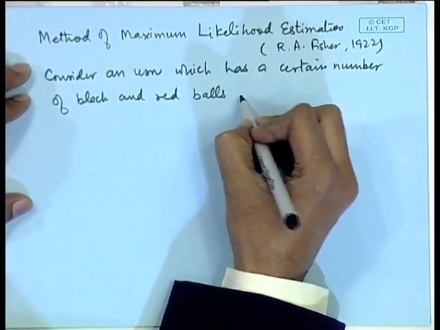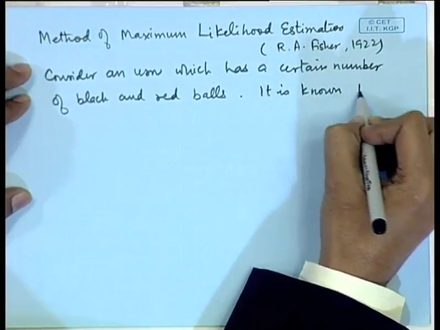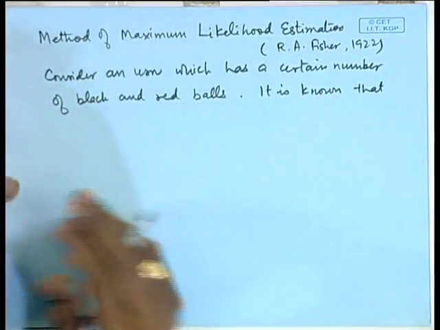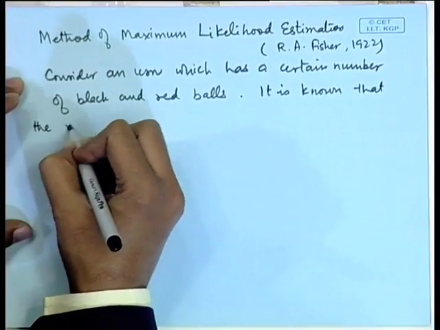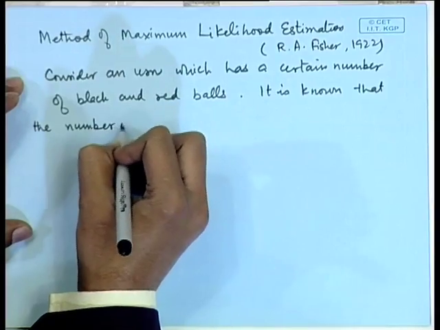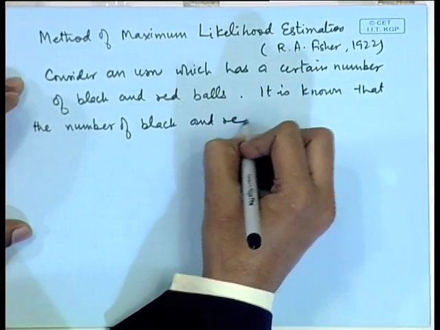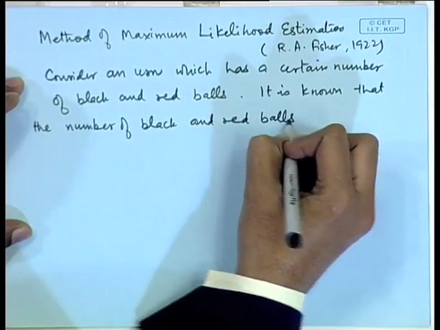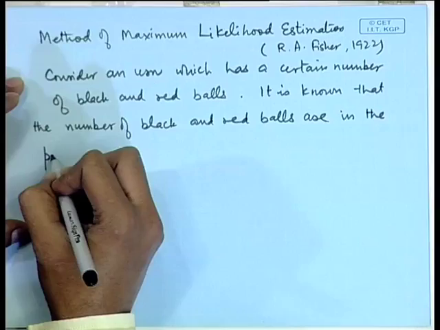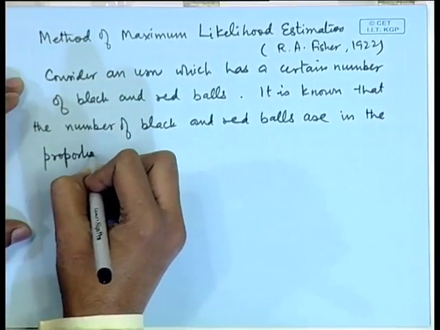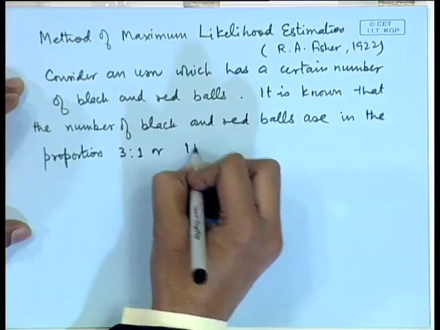It is known that the number of black and red balls are in the proportion either 3:1 or 1:3.